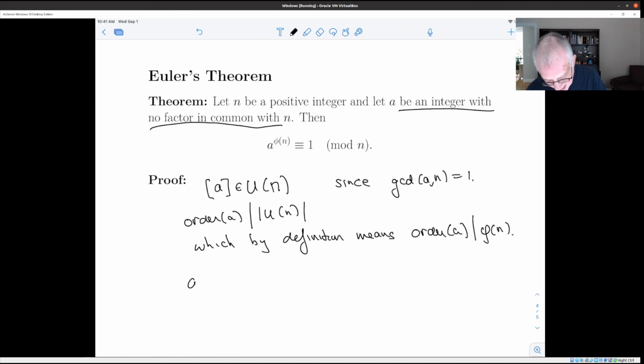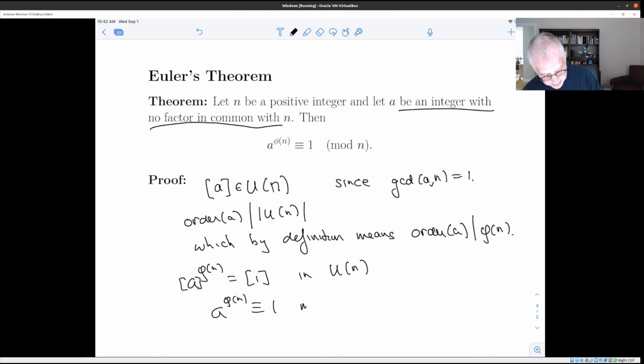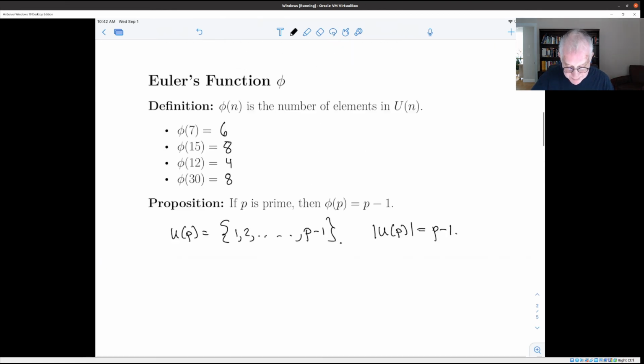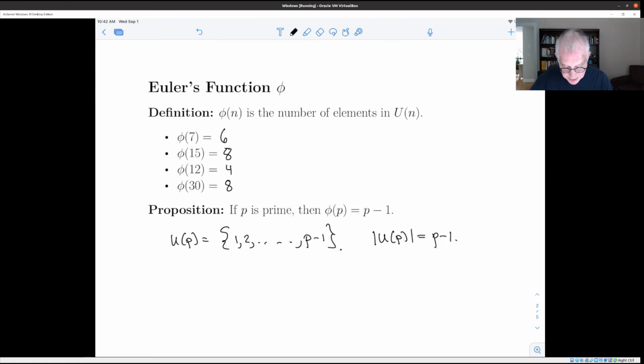In other words, a to the phi of n is 1 in U(n). And that's the same thing as saying that a to the phi of n is congruent to 1 mod n.